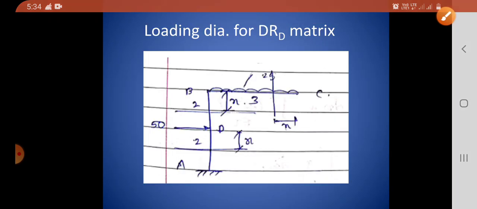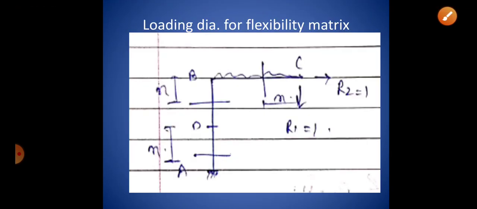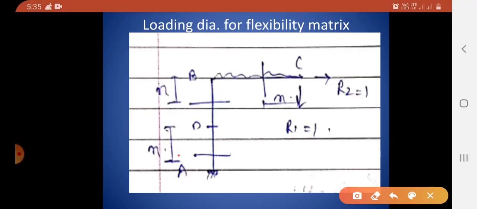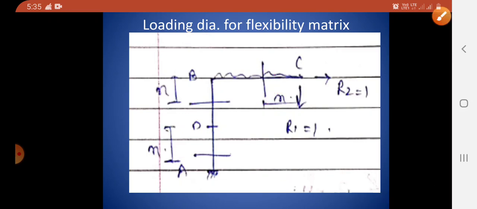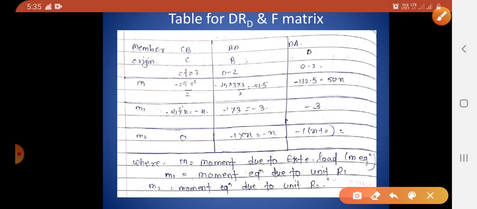Then go to the third part, take section 3 in part DA. Again this R1 is causing a right clockwise moment, minus 1 into 3. So again in the table you can see minus 3. So M1 is over, that is the second row is clear to all of you.